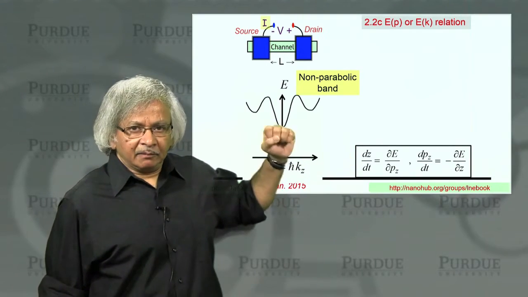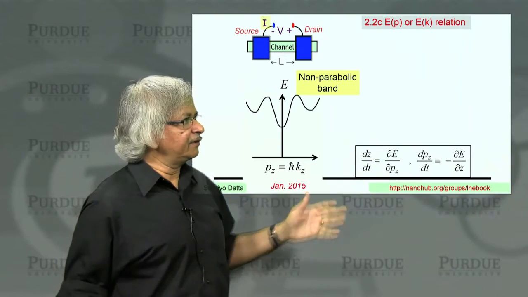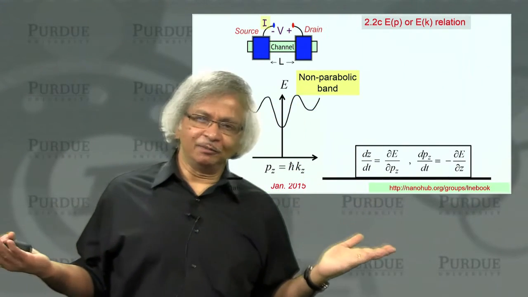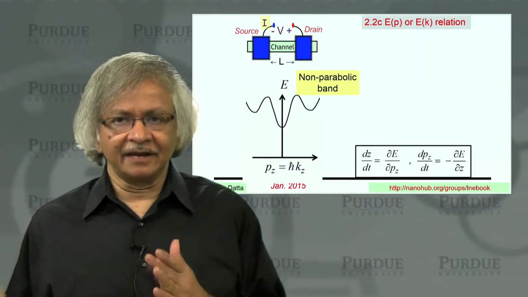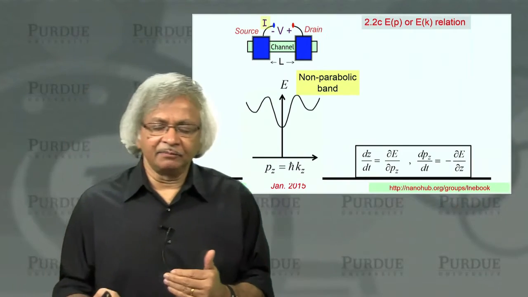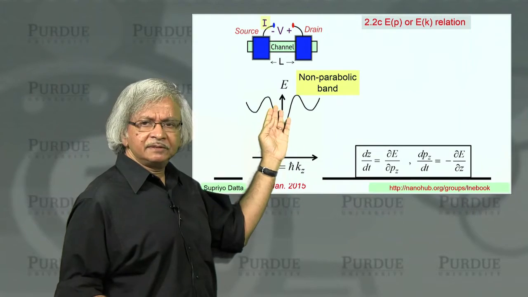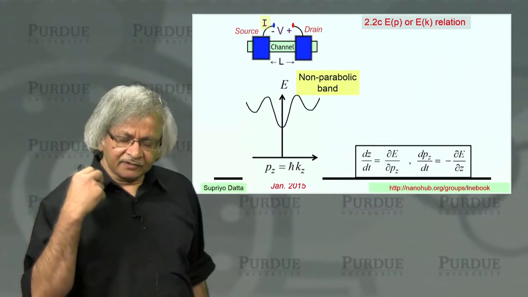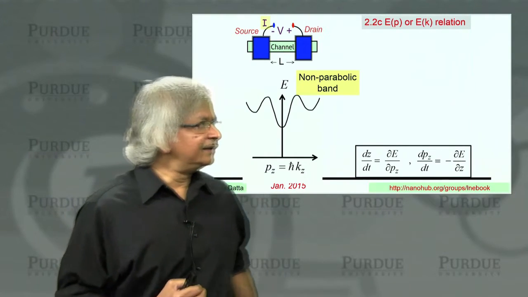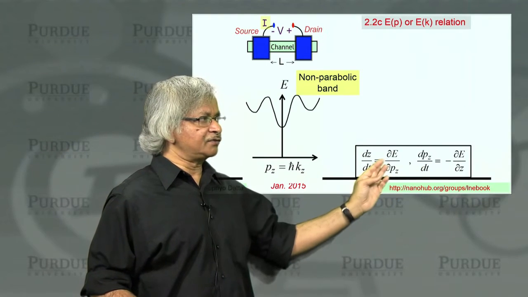The important message I want to convey is that in general, in a solid, you could have any shape of energy momentum relation. It doesn't have to be parabolic as it is in vacuum. When people use parabolic bands, it's really an approximation. So it could have any shape. In general, if you're describing the dynamics of an electron in a non-parabolic band, then the right way to write the laws of mechanics is in this form.